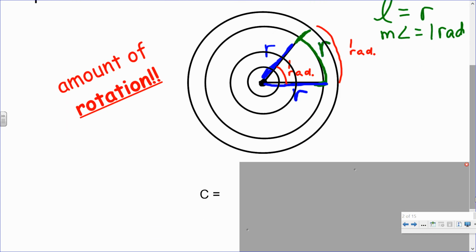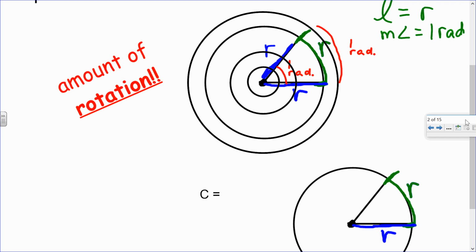I'm going to repeat that same picture here, just without all of the circles inside of circles. So if I went all the way around a circle with radius of R, the arc length would be the circumference, right? And so it would be 2 pi r.